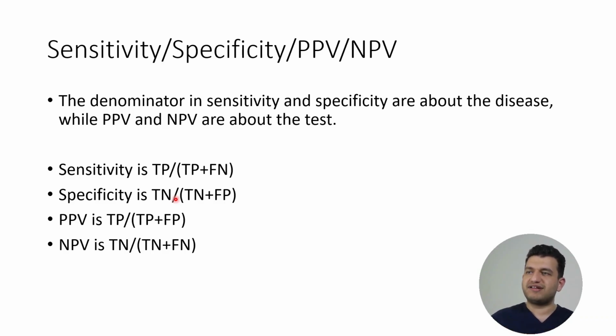If you bring someone from the street and you do a D-dimer, it might be elevated. If you do a CTPA, you will not find the pulmonary embolism. So it's a very specific test. It rules in. Once you see the embolism, it's there. All right? So sensitivity rules out, specificity rules in.